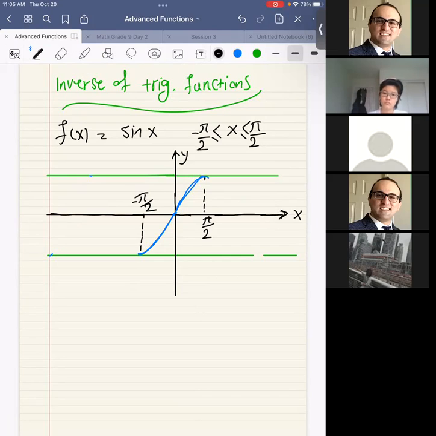So you see in this interval, the sine is 1 to 1, is invertible. So I define the inverse to be f inverse of x. We call it arc sine.